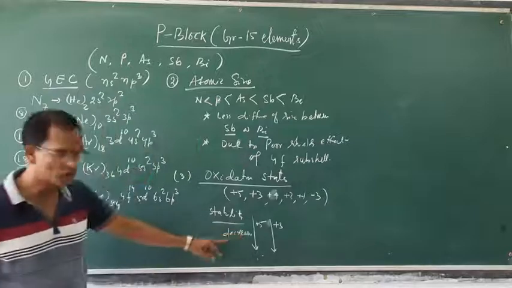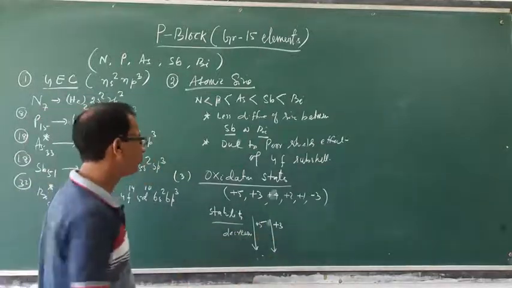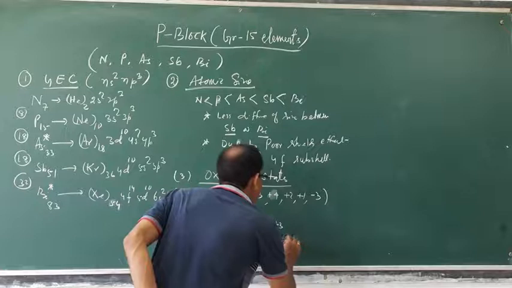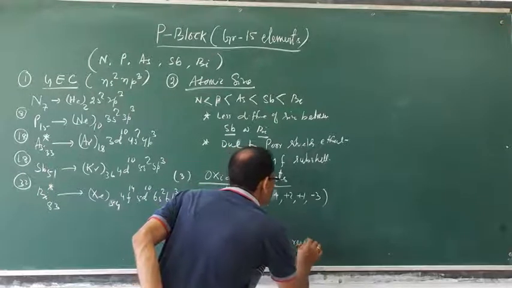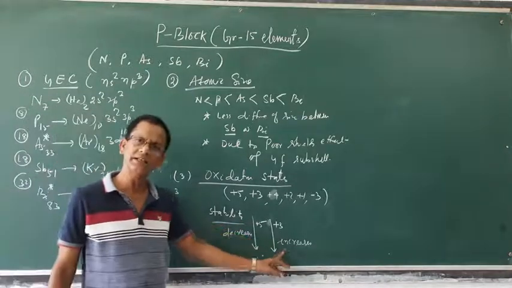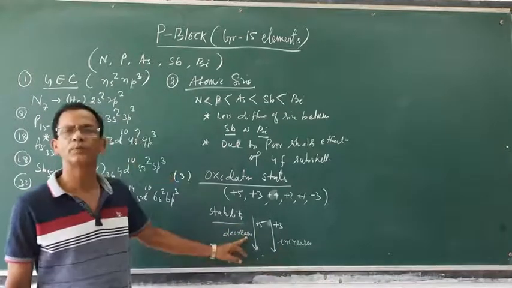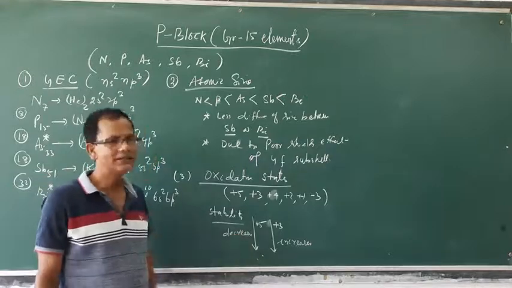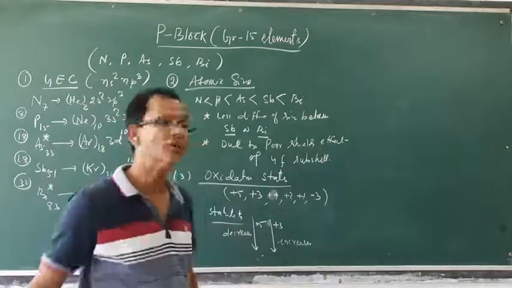This is regarding plus 5, this is regarding plus 3. Plus 3 increases, but the plus 5 oxidation state decreases. This is due to the inert pair effect.